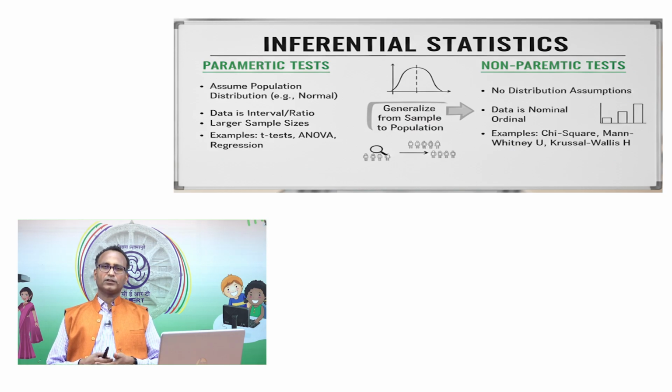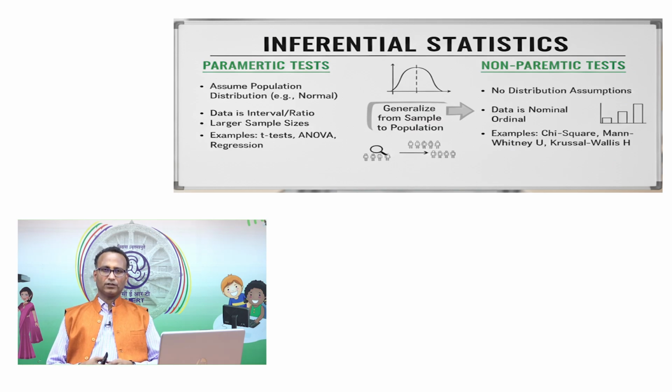When certain assumptions are not fulfilled or met, we use non-parametric statistics. Besides this, which statistic to use, parametric or non-parametric, depends on the purpose of our research study, the type of hypothesis we formulated, and the variable that we are studying.